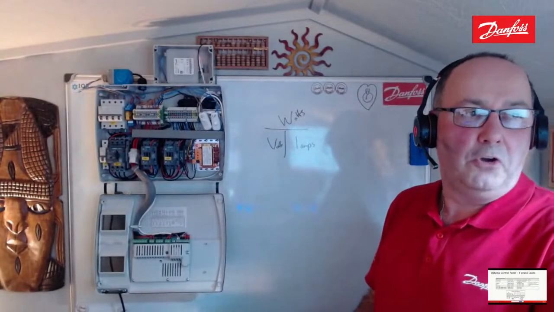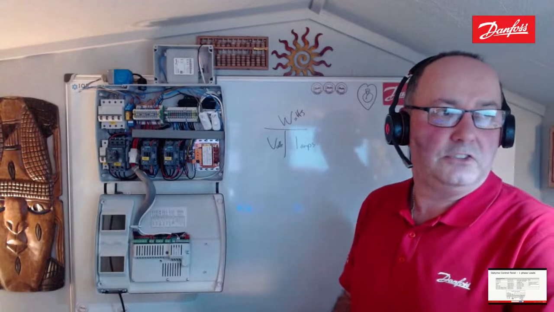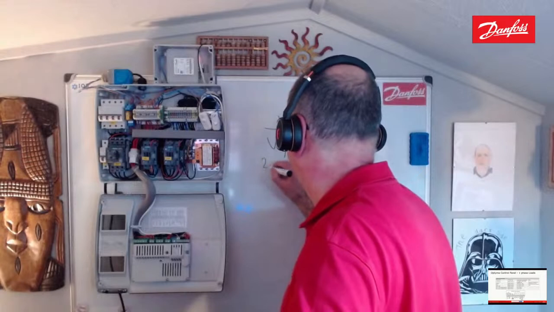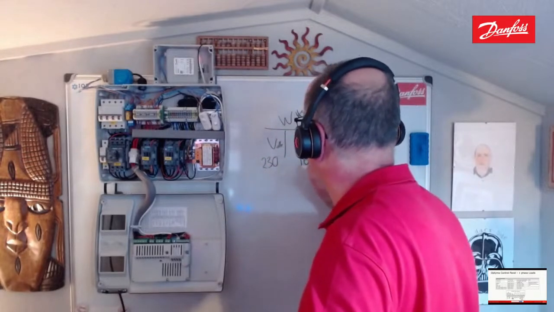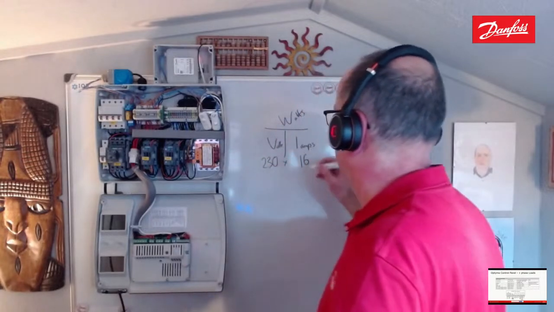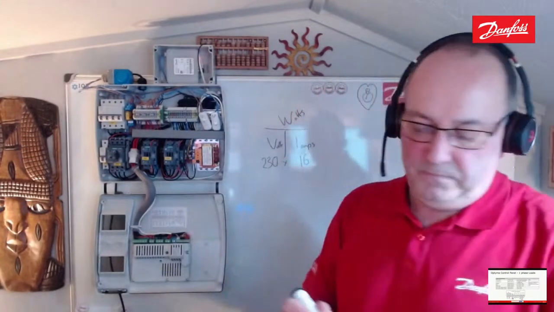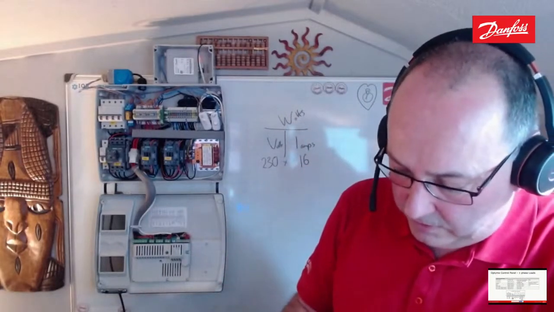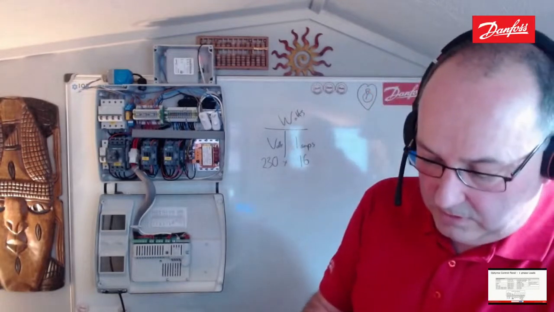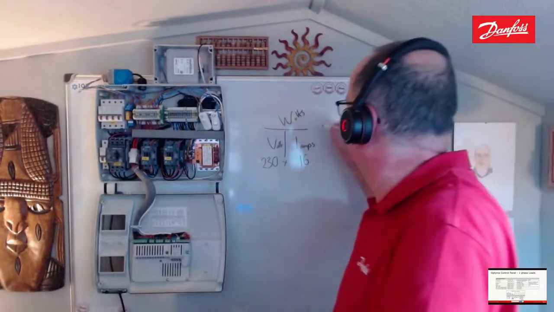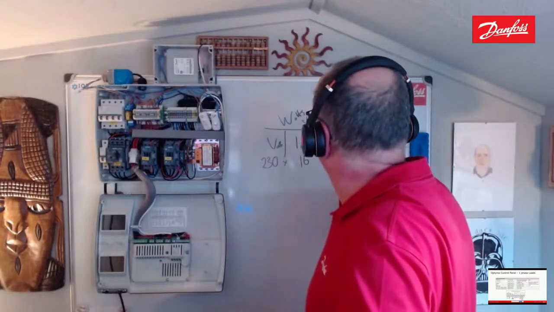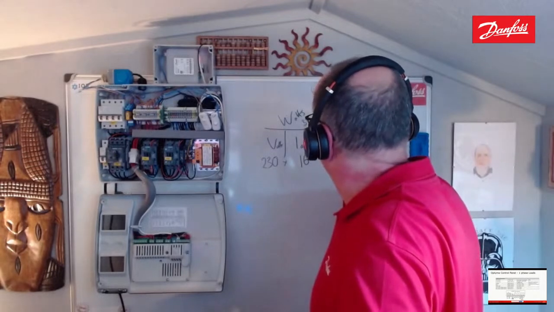So we said we've got 16 amps there, and in the UK, let's say 230 volts, which is the harmonized European voltage. 230 times 16 gives 3,680 watts.